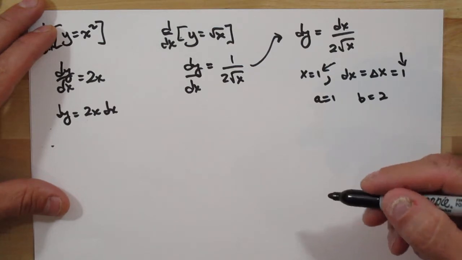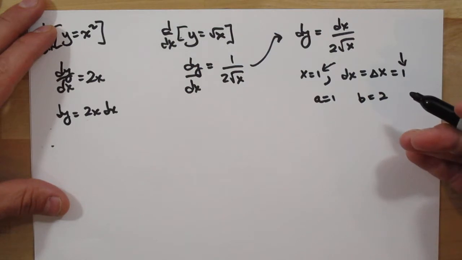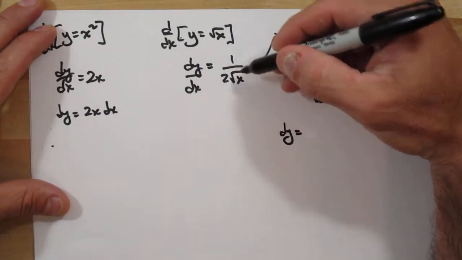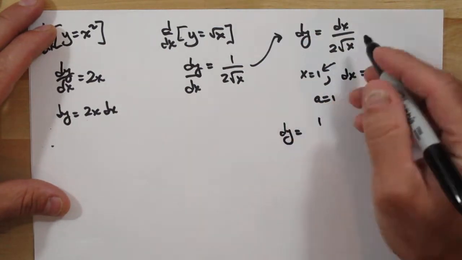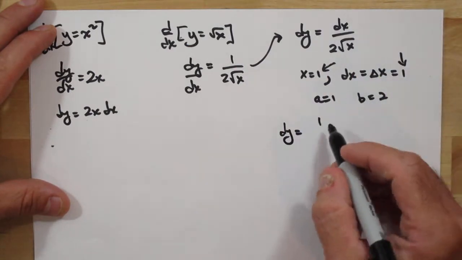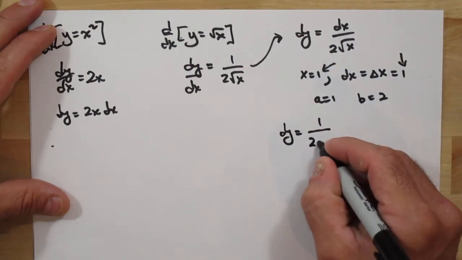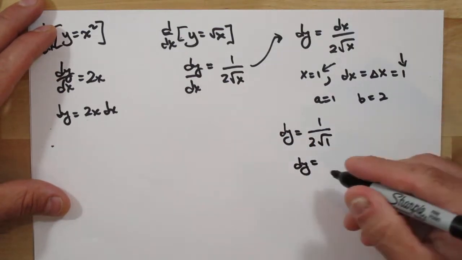So if we want to evaluate dy and delta y with these values, we would take dy, which equals dx over 2 root x. Well, dx was 1, nice, that worked out well, and x equals 1 as well. So dy, which is an approximation of delta y, would be 1/2.